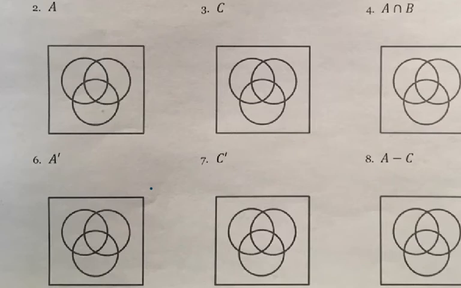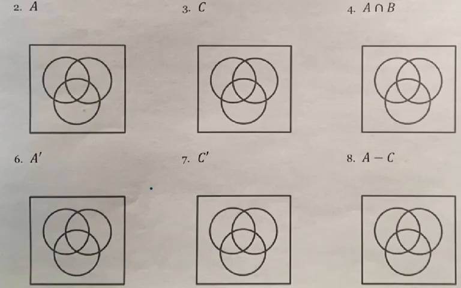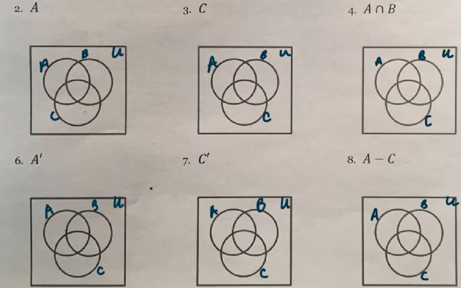Again, we're going to label these diagrams. Actually, I think I can get all 6 and then get the last 2 next. I'm going to label these diagrams consistently. And let's start shading.